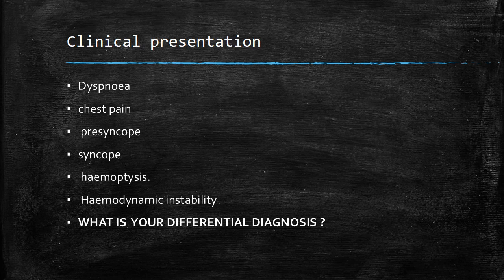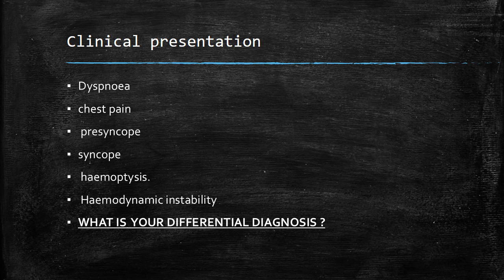And with this clinical picture, I can make a diagnosis of pulmonary edema, right heart failure, or chest pain, so MI, or hemodynamic instability, and hemoptysis. I mean, I can sometimes even make a diagnosis of tuberculosis or any other thing, so we have so many differential diagnoses out of this clinical presentation.